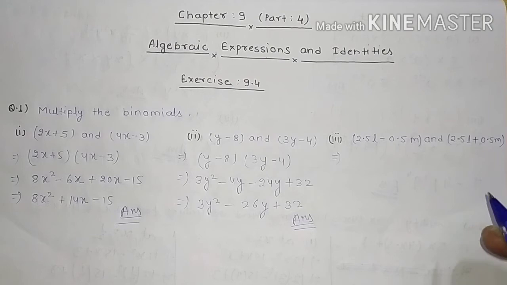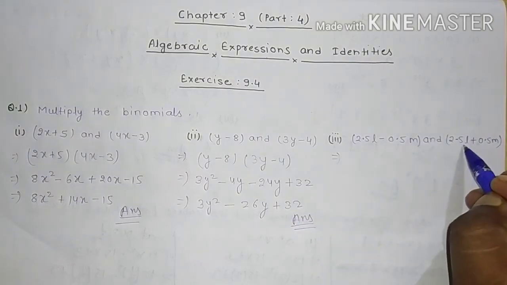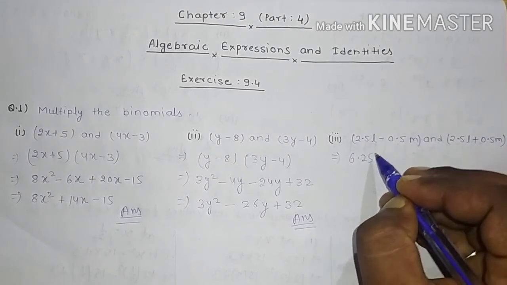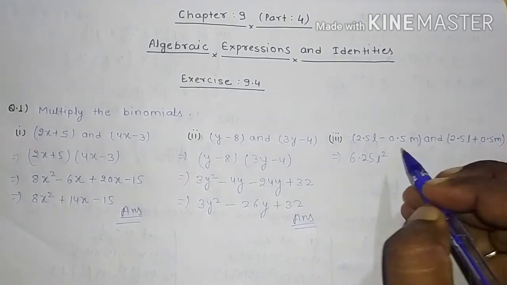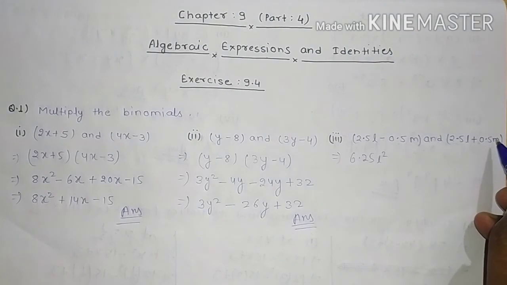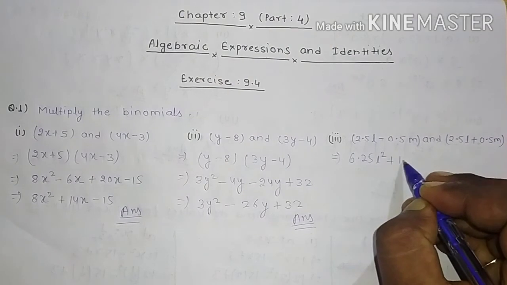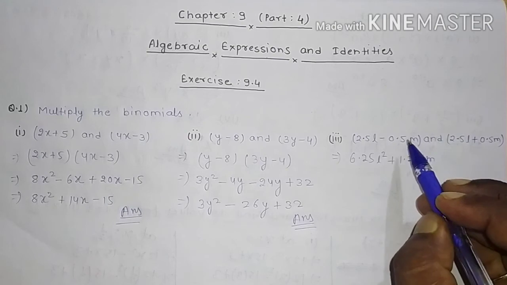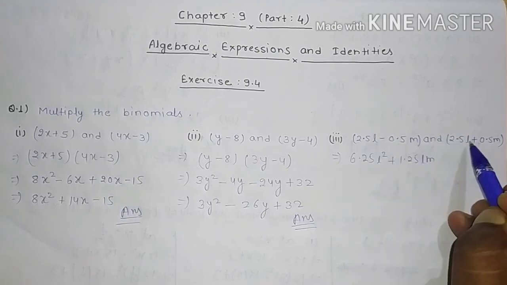So first of all, 2.5L into 2.5L will be 6.25, L into L, that is L square. Now 2.5L is multiplied into 0.5M, so it will be 1.25 LM.